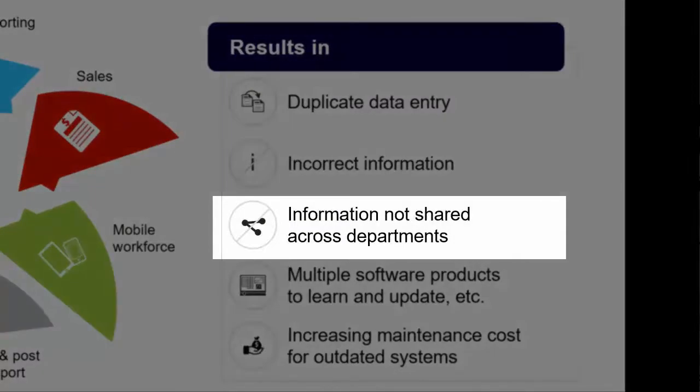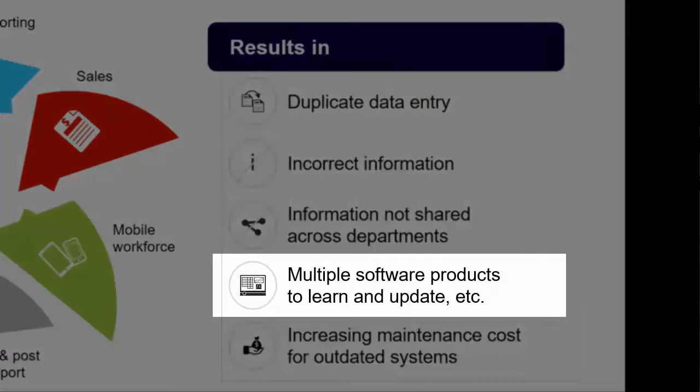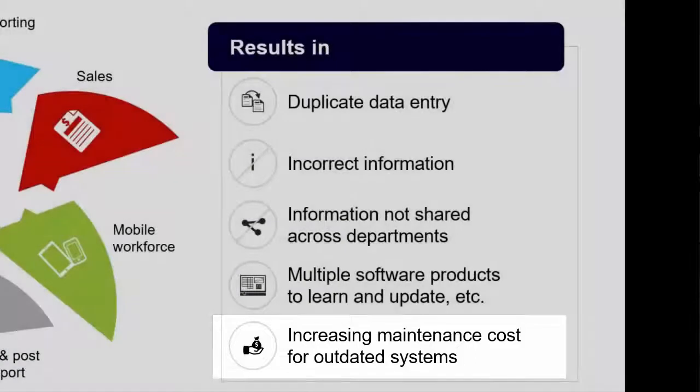Maybe not everybody would have access to these other different systems, so you almost create islands of information across departments. You've got multiple softwares, multiple user interfaces. All of these systems are on different upgrade cycles. So when you try to bring all these pieces together, it just doesn't work. And then a lot of these systems are older, and sometimes the maintenance costs on some of these systems are very high, and the support is not there.